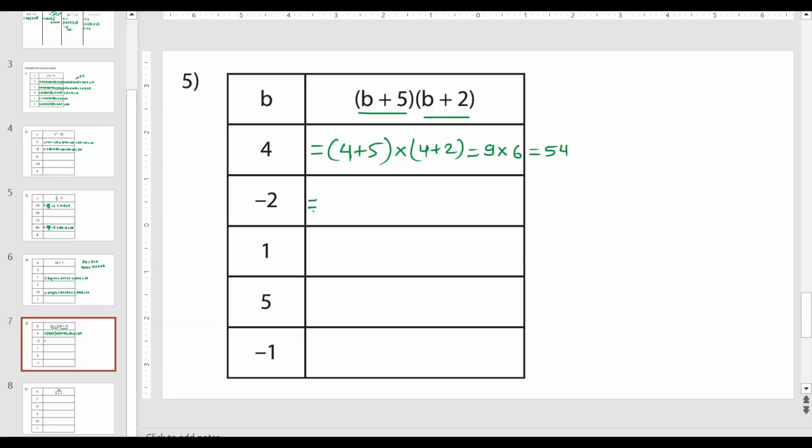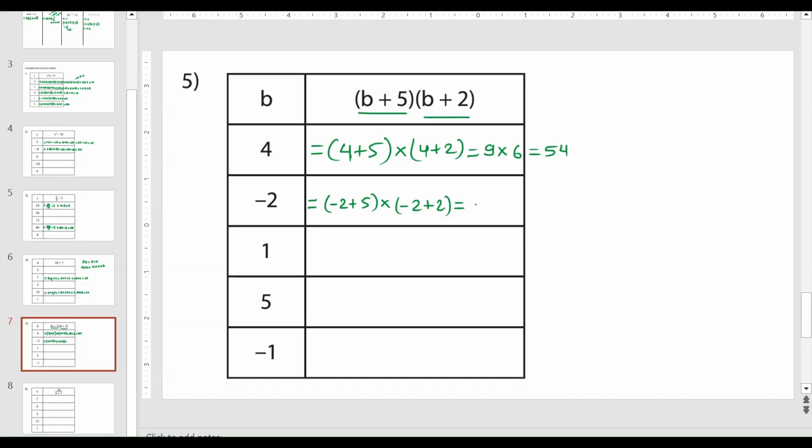Okay, now let's do b number, where the value of b in this condition is minus 2. So b plus 5 means minus 2 plus 5 bracket multiply b plus 2, minus 2 plus 2. So after we put the values, let's simplify.